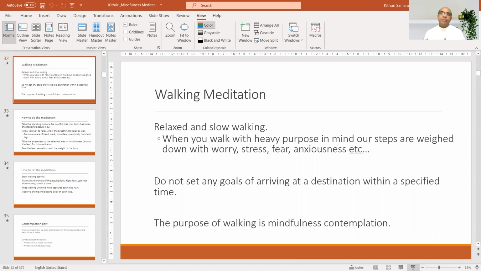Lifting the foot, moving the foot, placing the foot. Then awareness on the other foot, lifting it, moving it, and placing it. Likewise, this is called three-step mindful meditation on every stride.